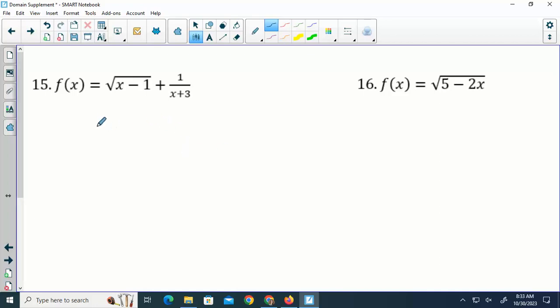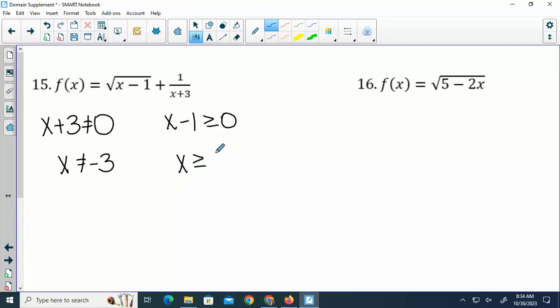Alright, so we have a fraction. We know in a fraction the denominator cannot be 0. We also have a radical, and we know that when we're dealing with these radicals, the radicand is greater than or equal to 0. So to solve both of these, subtract your 3, so x can't be negative 3. This one we get x is greater than or equal to 1. So we have to put those together.